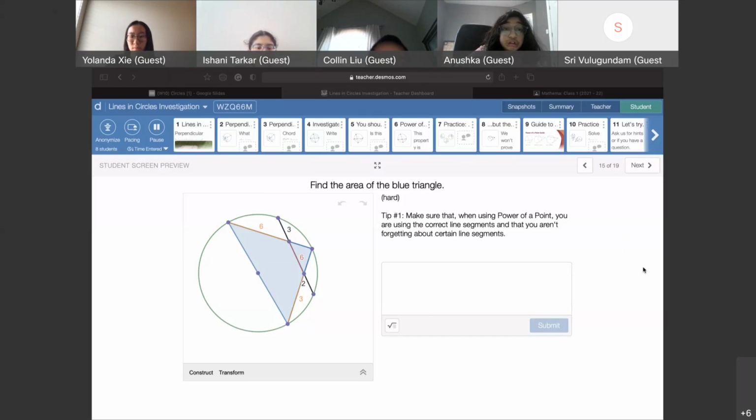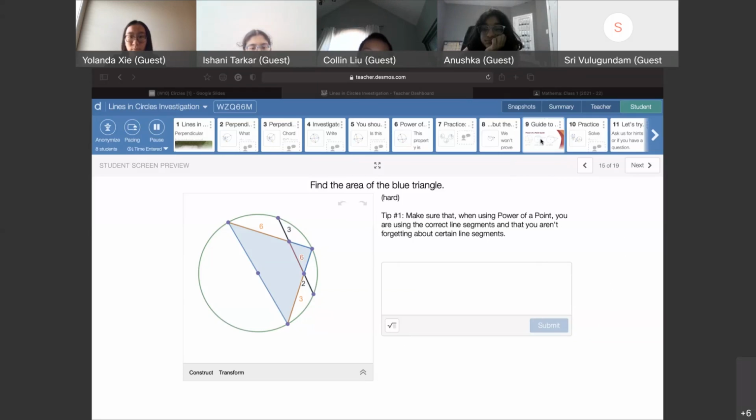Wait, since all of the points and all of the lines of this triangle are in the circle, could you use the third power of a point rule on it? Or does the third power of a point rule need tangents or lines outside of the circle? It needs to have lines outside of the circle for that.